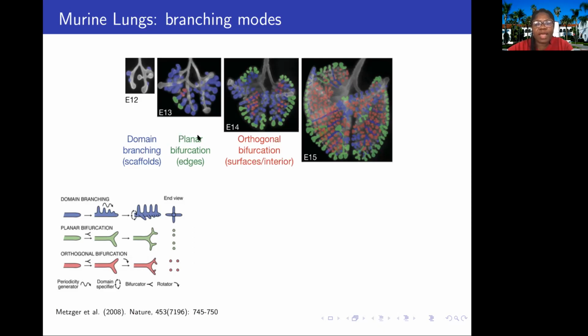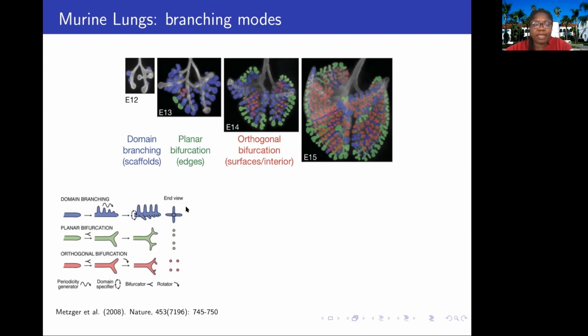Then we have, colored in green, what we call planar bifurcation. We also have orthogonal bifurcation, and those are colored in red. Now, if we look at these different types of branching, they are very different. Domain branching is similar to lateral branching or lateral budding, where on the sides you have the branches growing out.